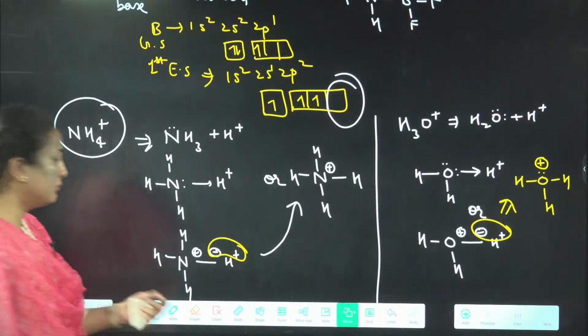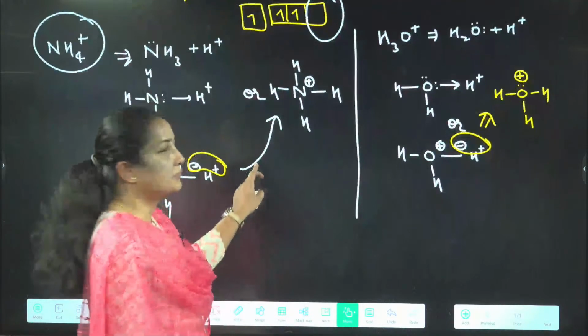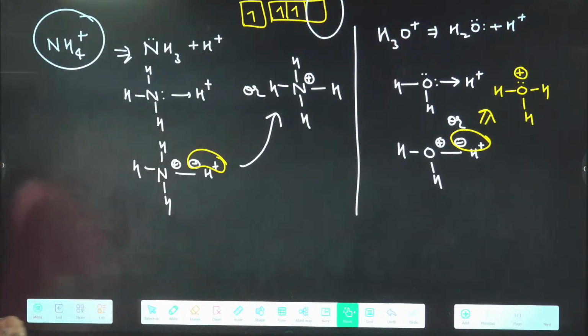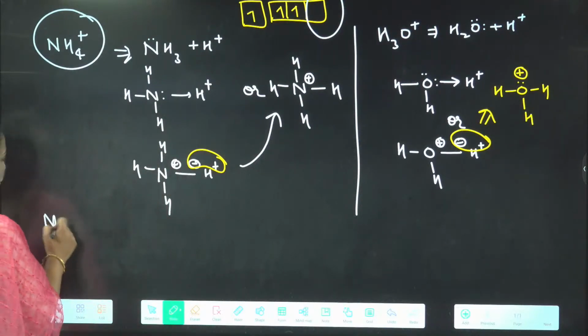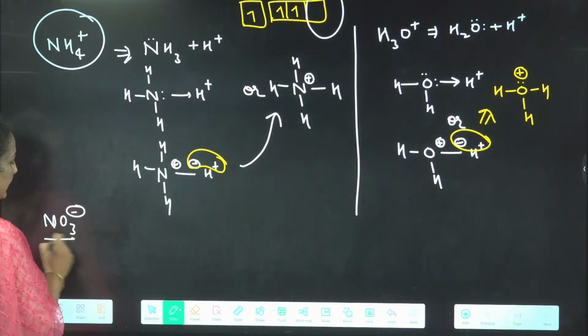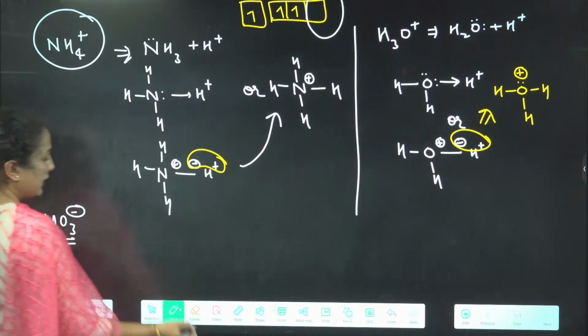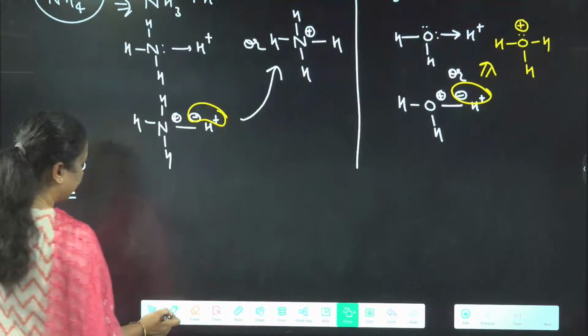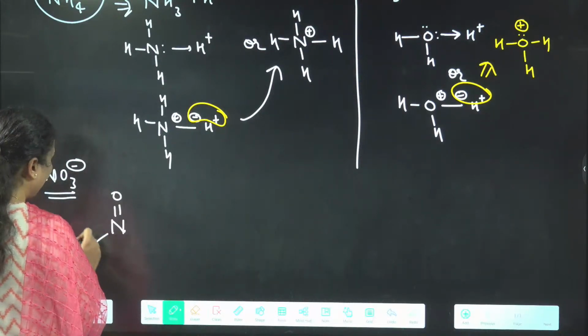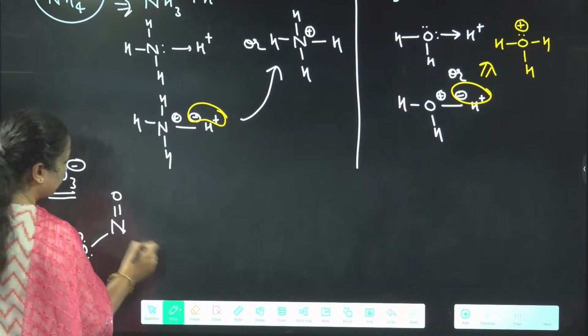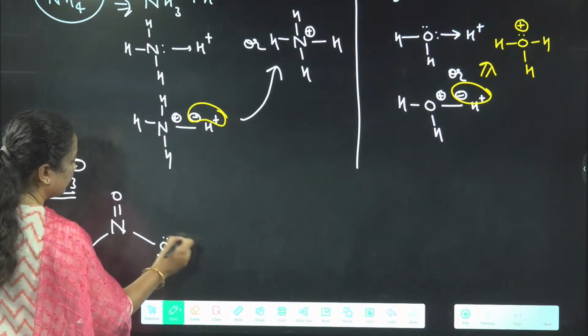Can we proceed further? If at all you are done understanding and writing it, okay. Now let us go for basically, suppose if I draw the structure of NO3 minus, nitrate. So in this case, do you remember we have drawn a structure like this, N double bond O, here basically O minus because there are lone pairs like this, here also O minus, right?